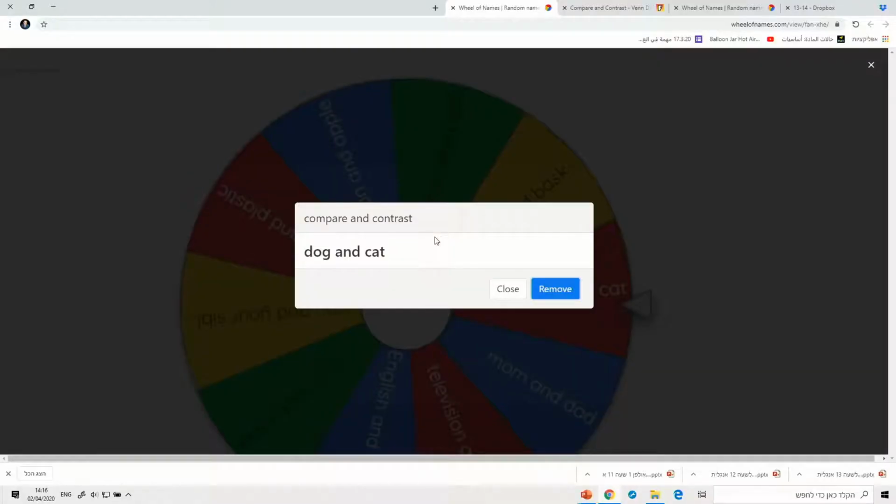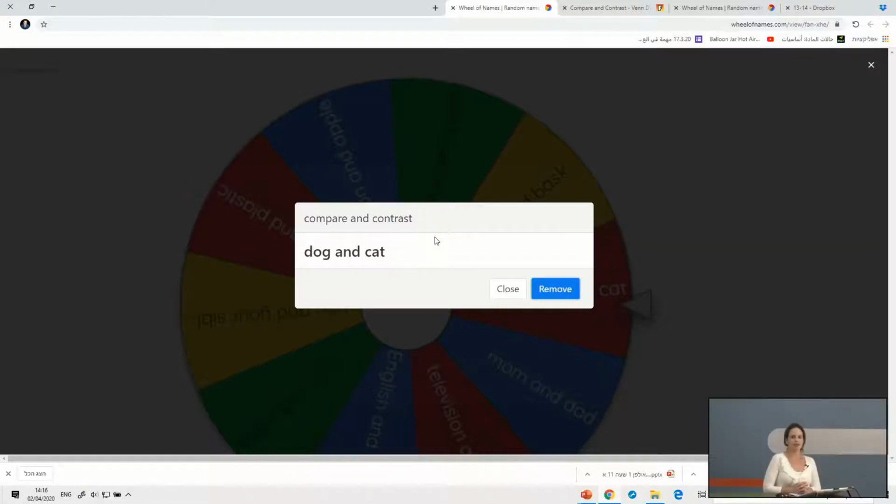So, a dog and a cat are alike because they are both animals. You see? I have the word both there, both of them. They're both animals. A dog and a cat differ. They are different. They differ because a dog barks and a cat meows.